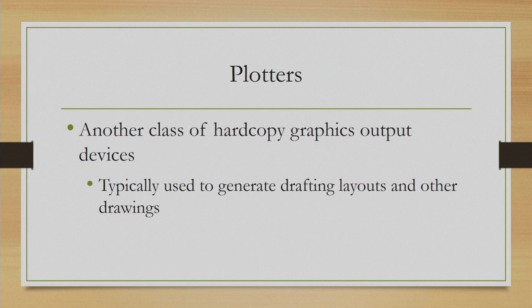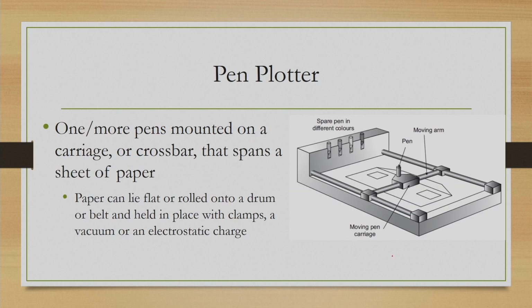Apart from printers, we also have plotters as another graphics output device. They are hard copy outputs, and typically they are used to generate drafting layouts and other drawings. This shows one example plotter, this figure.